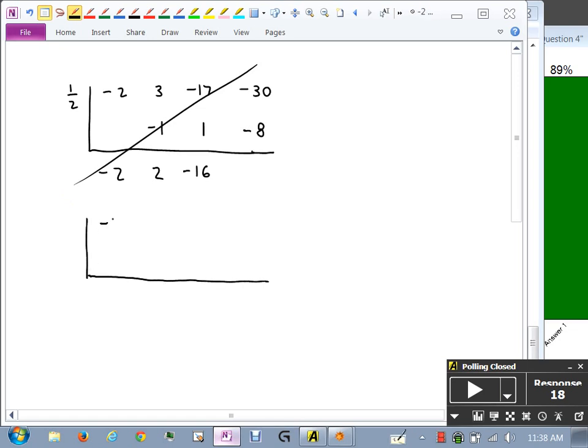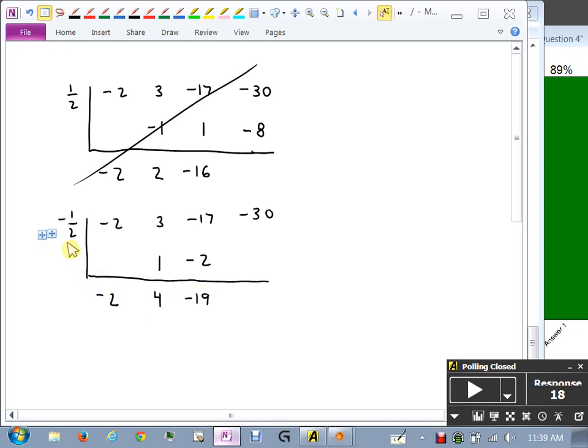All right, so what would I try if 1/2 didn't work? Negative 1/2. So negative 2 comes down. Negative 1/2 times negative 2 is 1. Positive, right? Add down, you get 4. Negative 1/2 times 4, so half of 4 is 2, but it's negative because a negative times a positive. So negative 2, and then add down, you get negative 19.